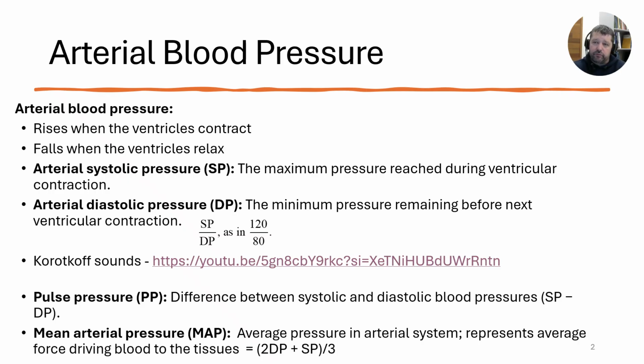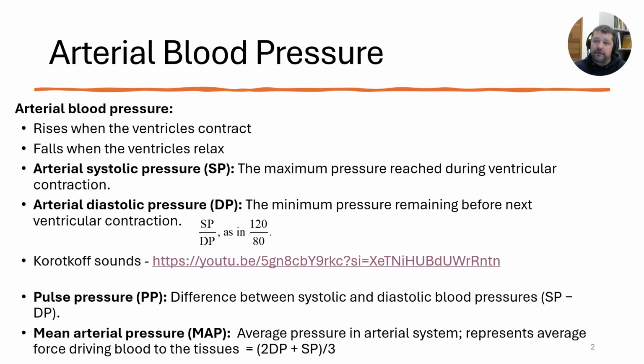The pulse pressure tells you the difference between the amount of force needed to push blood out of the heart and how much pressure is remaining. If the amount of pressure that's remaining is really high, this can tell you something about the valves of the heart. Maybe they're not functioning correctly. The pulse pressure is simple: SP minus DP.